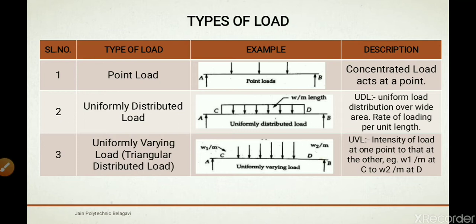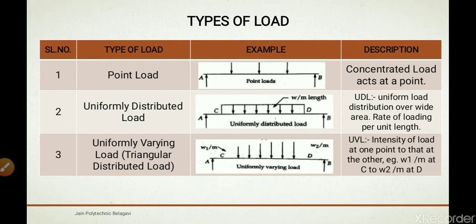Okay, so in the description, the intensity of the load at one point to that at the other. Example, W1 per meter at C to W2 per meter at D, right? So the example is clear here. So these are the point loads which are seen for basic understanding.